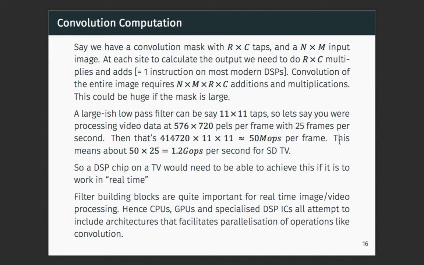For every single pixel in the image, you have to do 121 multiply-add operations. That turns out to be quite a lot when you do that for the 3 channels. You end up quickly with a few giga operations per second, and so even standard hardware starts to become a bit of an issue.